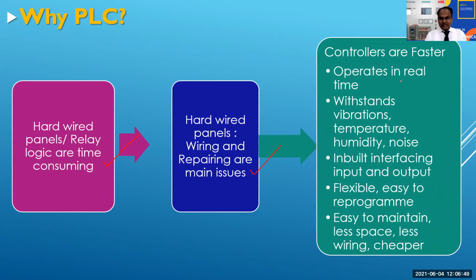They operate in real time. They withstand vibrations, temperature, humidity, and noise. Inbuilt interfacing input and output systems are available in PLCs. Flexible, easy to reprogram, you can easily reprogram it anytime. Easy to maintain, less space is required, less wiring is required, and that's why they are cheaper than the hardwired relay system.